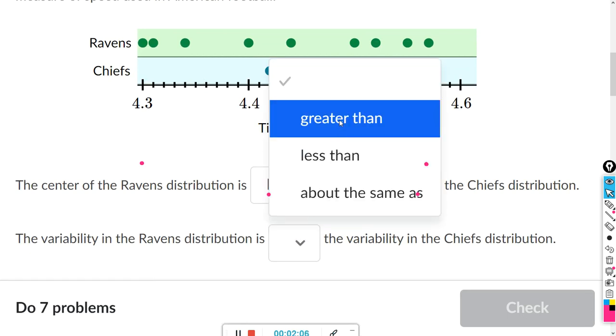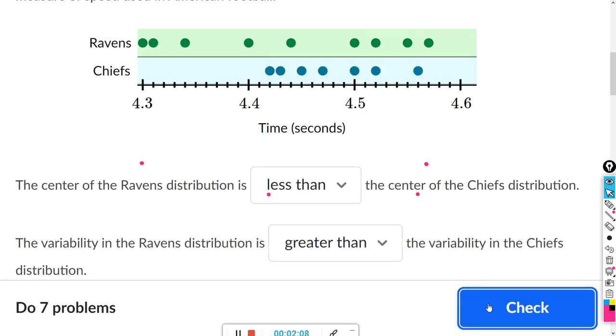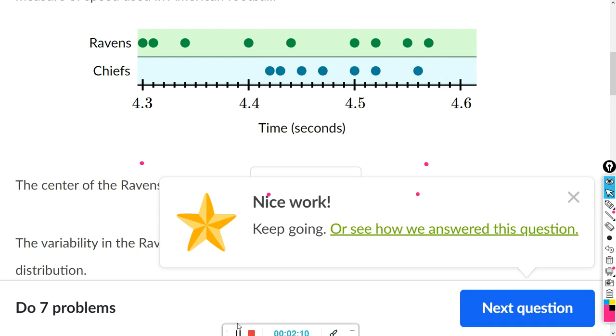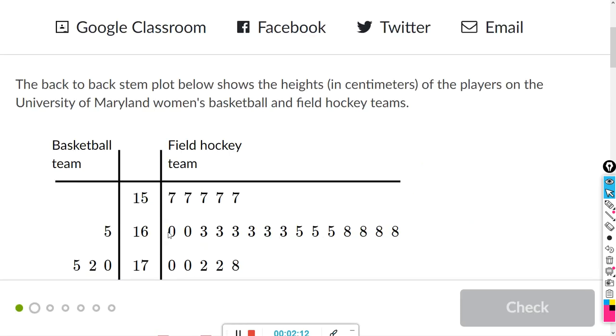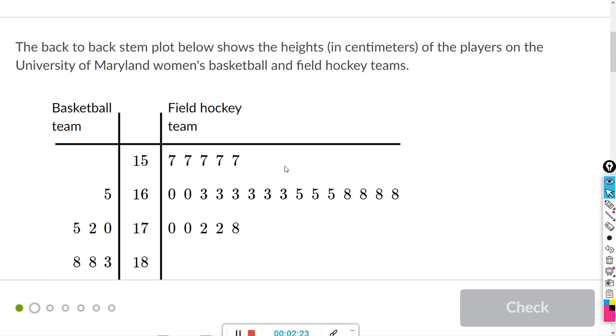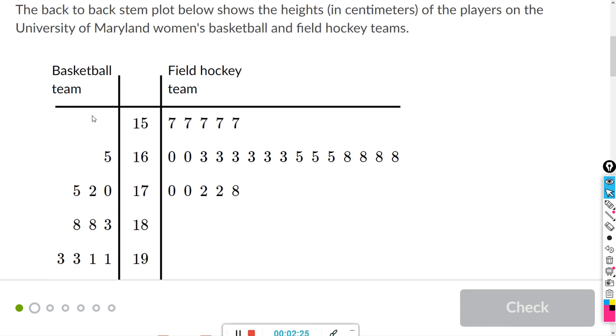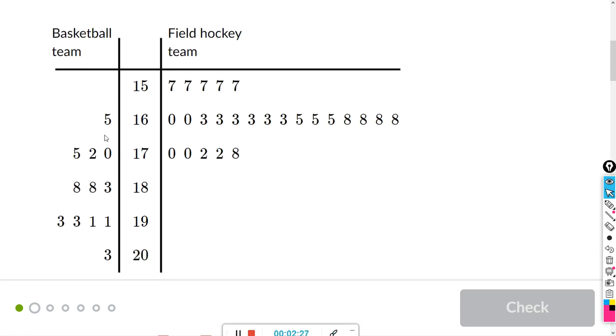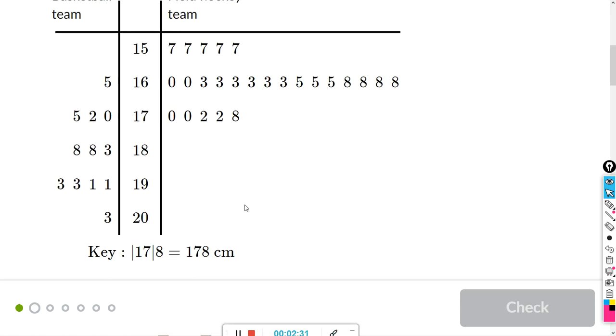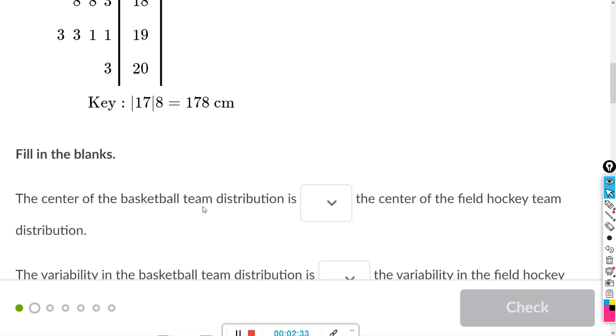Okay, so here we have the stem and leaf plots. These are heights in centimeters for women's basketball and field hockey teams. On the left-hand side they have the basketball team. On the right-hand side they have the field hockey team. So here they're comparing the center of the basketball team distribution versus the center of the field hockey team.